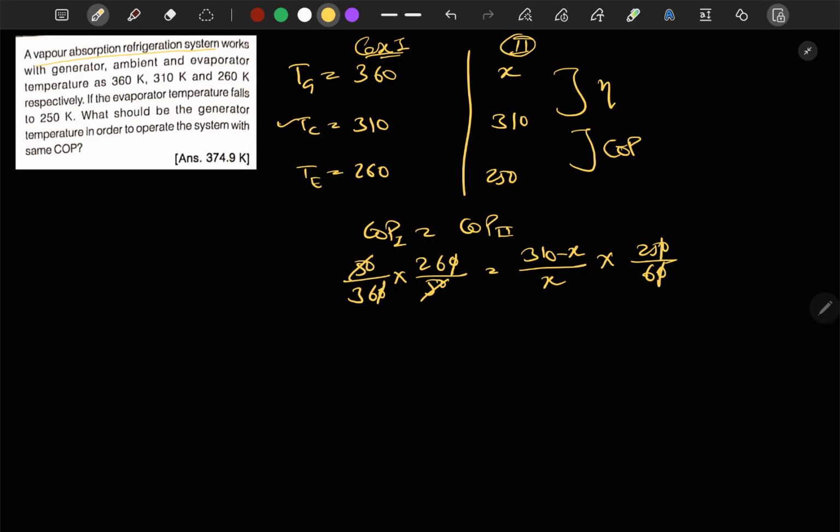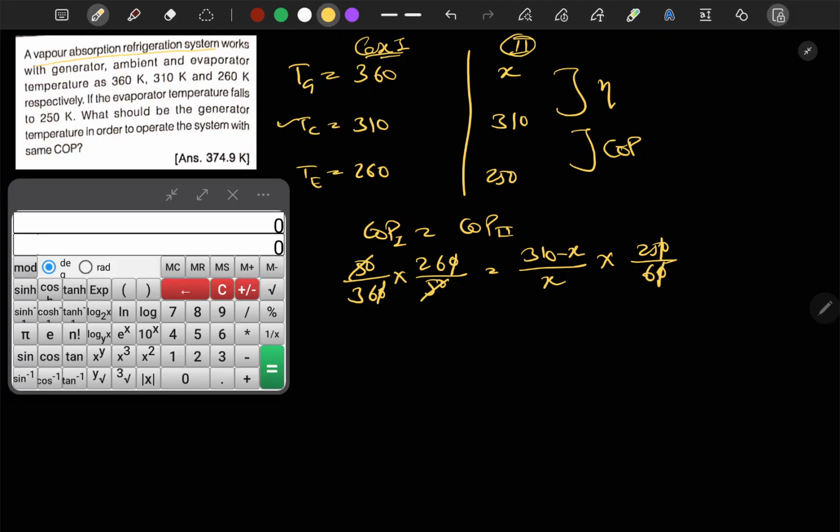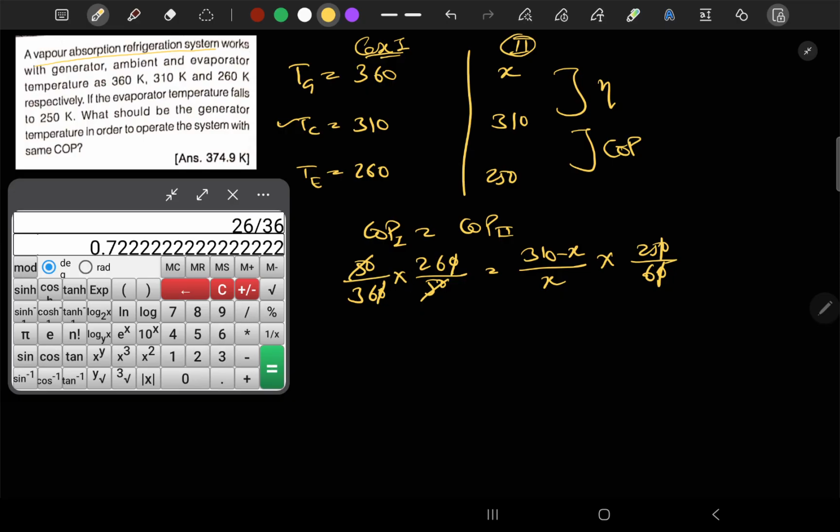Now if we solve this, we will get 26 divided by 36, and into 6 divided by 25.